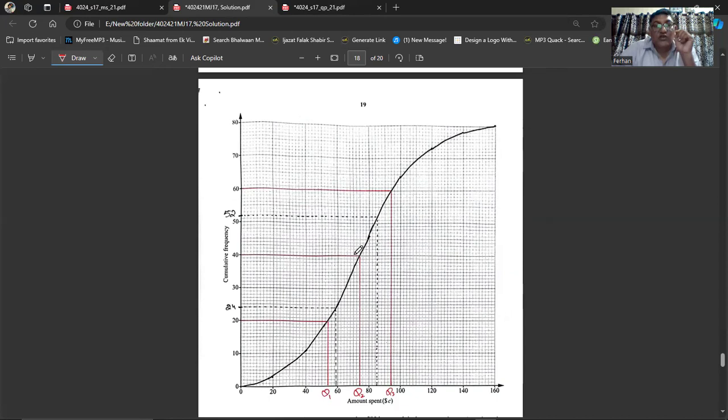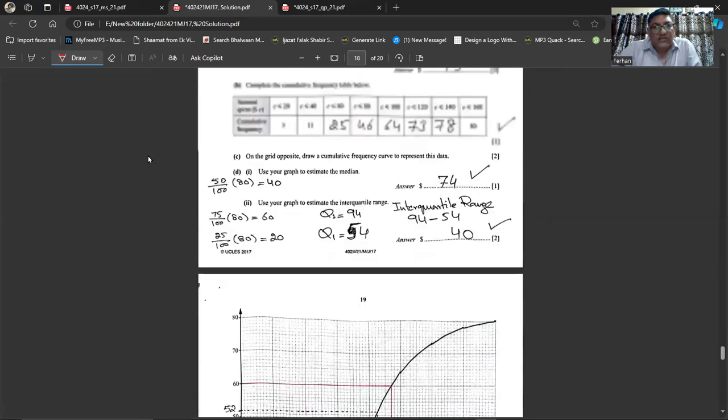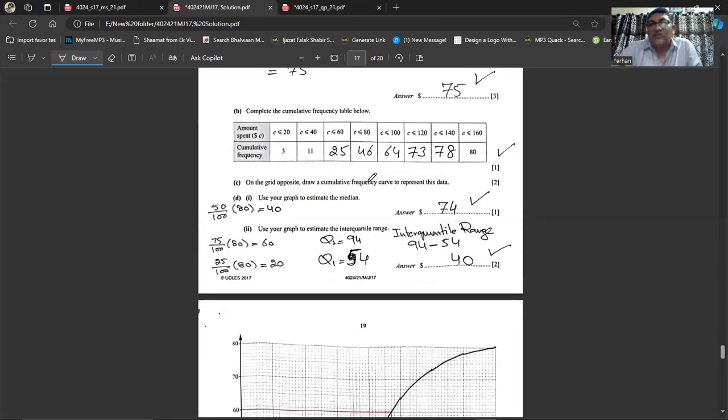From there, I will go to the cumulative frequency curve. Where it intersects the curve, I will check the value on the x-axis. That is called Q2, the second quartile. That is the median. And that second quartile is 70 something. I have noted down from the graph that it is 74.